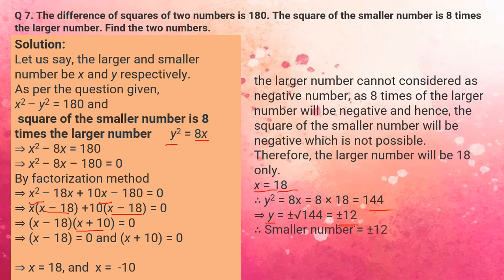So 18 and 12 is a pair of larger and smaller numbers, or 18 and minus 12 is a pair, for which we take the squares and their difference and get 180. So the answer is 18 and 12, or 18 and minus 12.